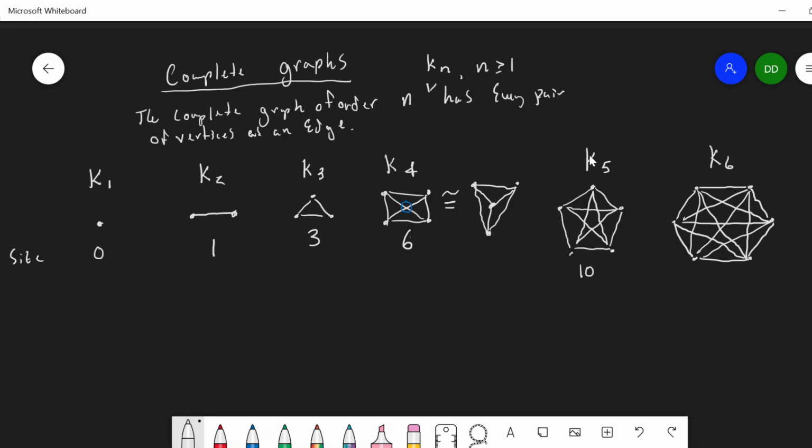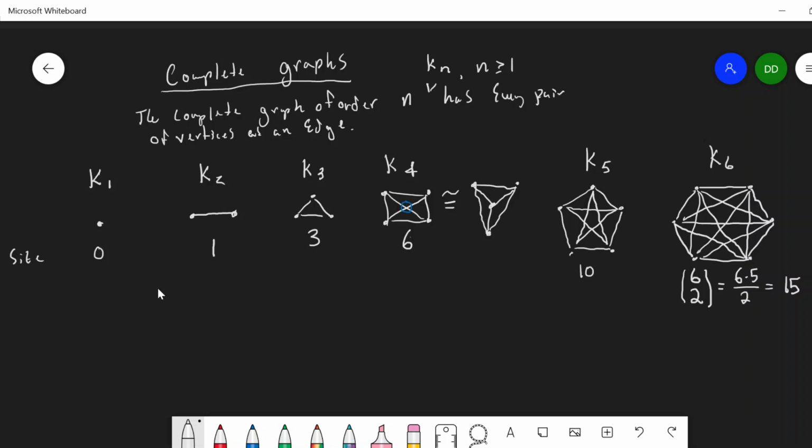You should remember from some basic combinatorics that this is the same as 6 choose 2. So 6 vertices, and I want to know how many 2-element subsets there are, because each one of those is going to be an edge. So this is 6 choose 2, or 6 times 5 over 2, or 15. So K6 has 15 edges in it.